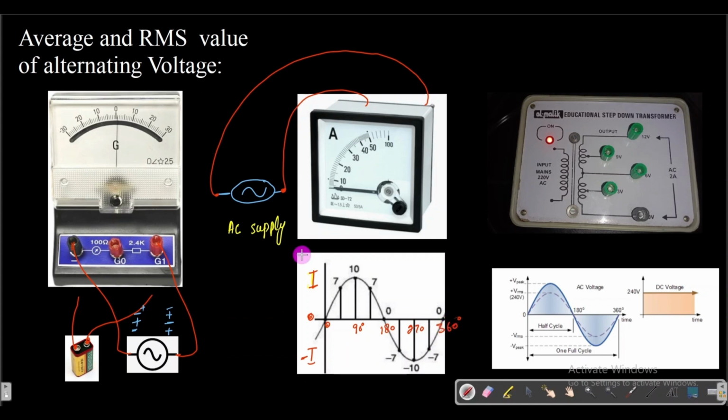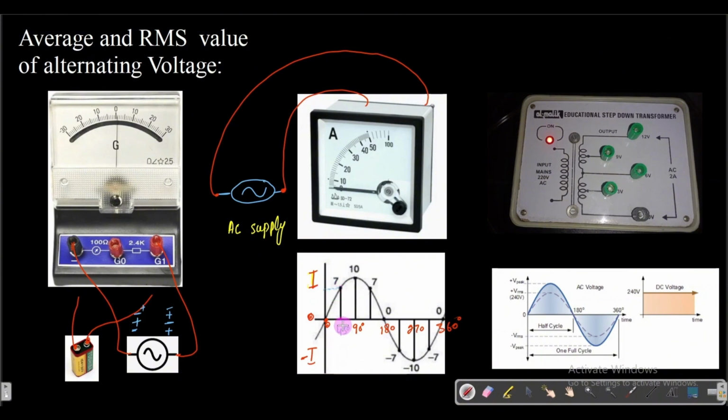At the zero position, the induced EMF is 0 and hence the current is 0. Let's say this is the 45 degree, and at 45 degree we have this instantaneous alternating current.